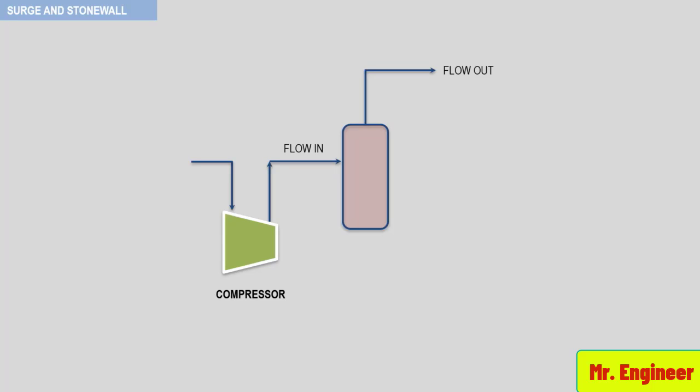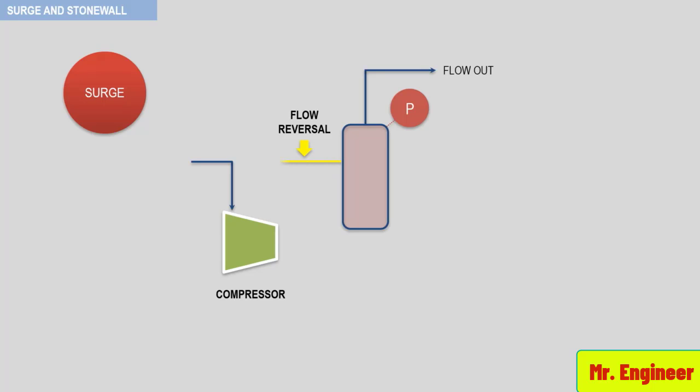The pressure in the vessel remains constant. At the onset of surge, the compressor will no longer produce flow into the vessel, and the stored energy in this vessel now acts on the blade, resulting in a flow reversal from the vessel back toward the section of the compressor.